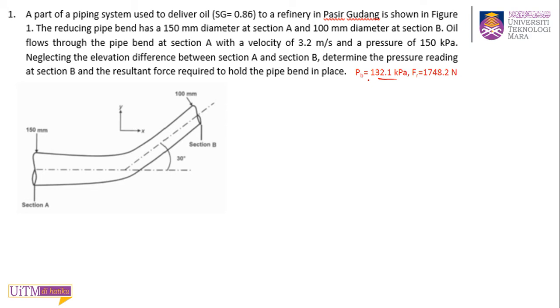So next you want to find the resultant force. You need to find the resultant force in x direction and also in y direction. So using the linear momentum equation, third step: summation of force x equals rho times Q, times V2x minus V1x.